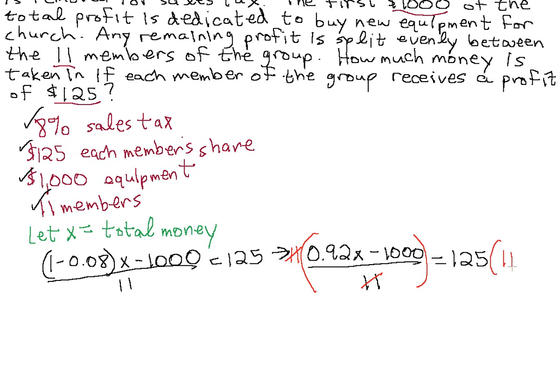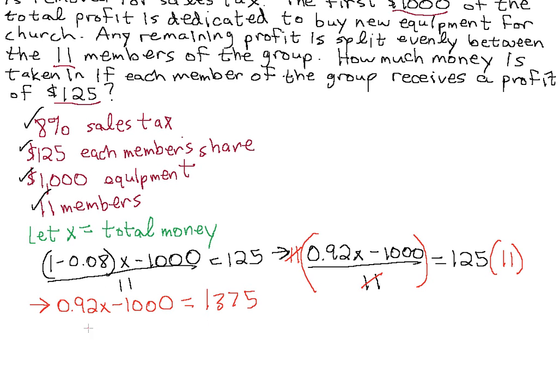So let's multiply this side by 11 as well. And this is going to give us 0.92x minus 1,000 equals, well, 125 times 11 is 1375.